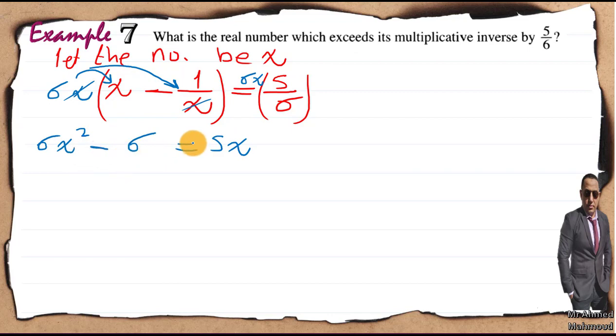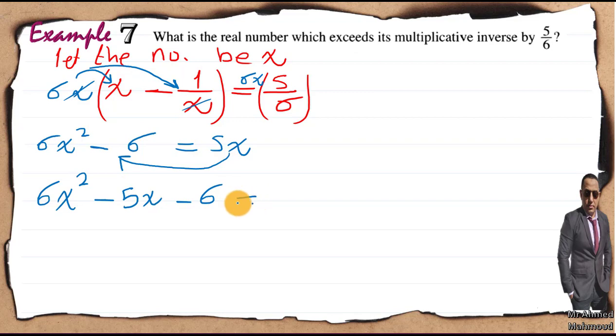Now I have 6x power of 2, 6, and 5x. So I have to send 5x from the right side to the left side and change the sign. So it will be 6x power of 2 minus 5x minus 6 equals 0.